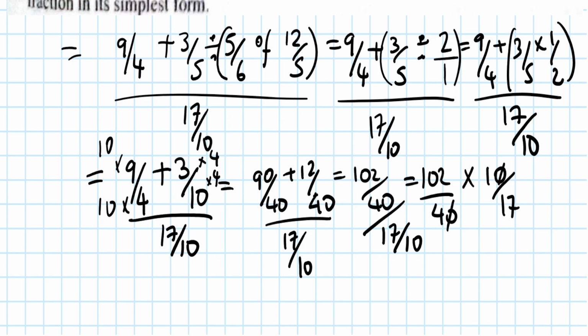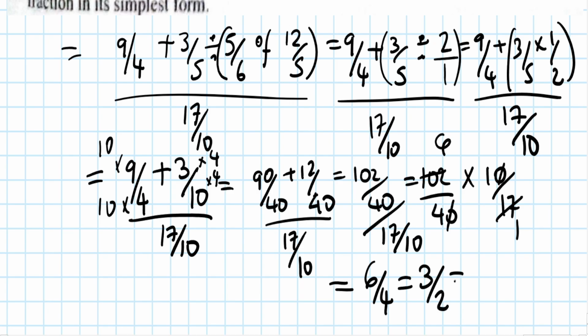Yeah, 17 goes into 102 6 times. So that's 6 over 4. If you simplify it, it becomes 3 over 2, which we can write as 1.5. So that is its simplest form.